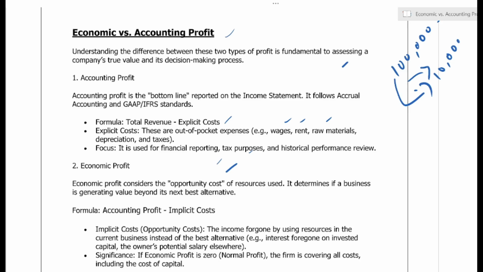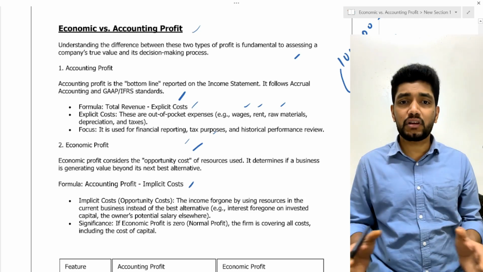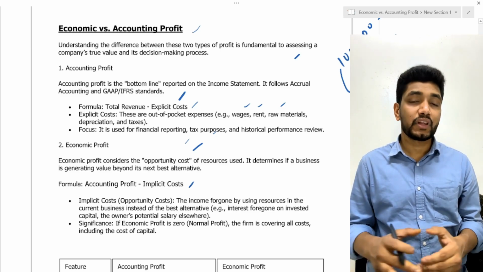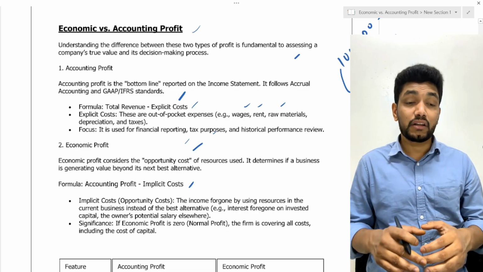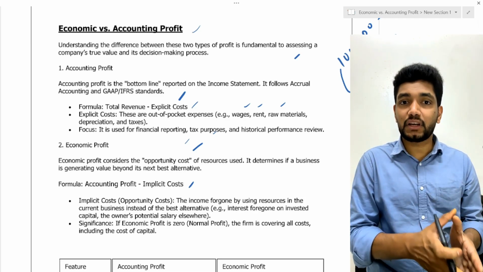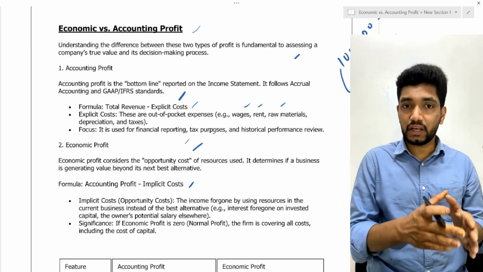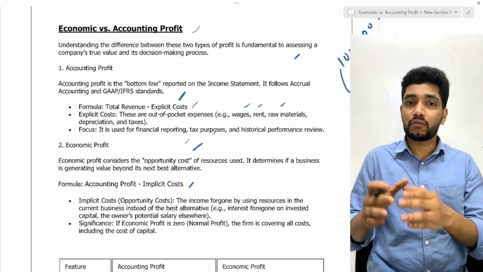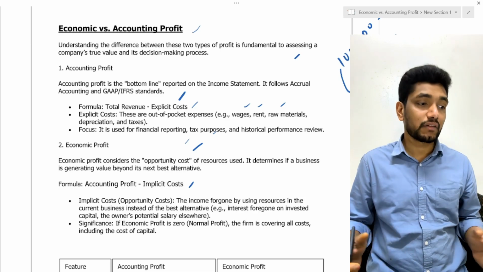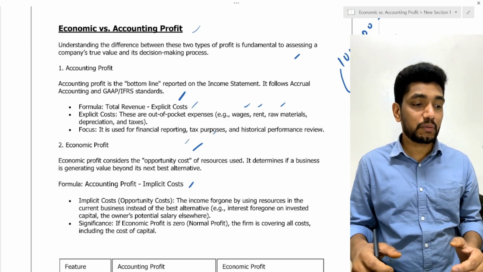The costs we report in the income statement are explicit cost, and implicit costs are all the opportunity costs related to that investment. It can be the investment of capital, or investment of the owner's time or effort. Everything can be considered in the economic profit.